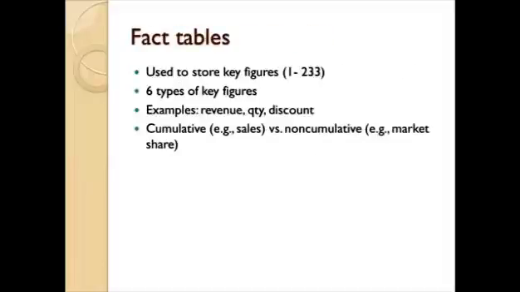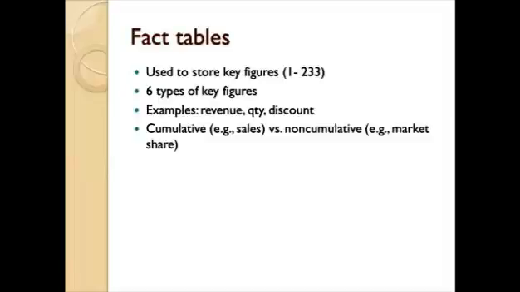Let's look at the InfoCube in more detail. First, the fact tables. They are used to store key figures, as the name implies, important facts. And we can have more than one fact or one key figure. In fact, we can have up to 233 key figures.